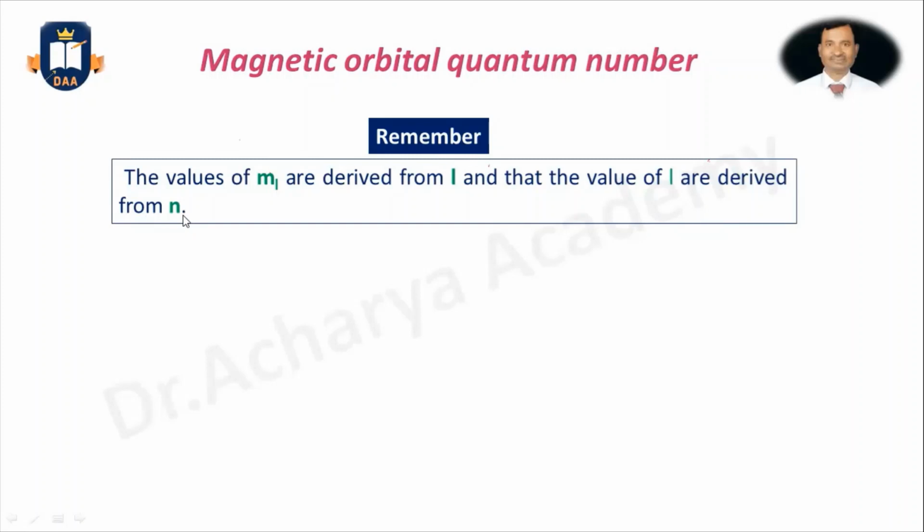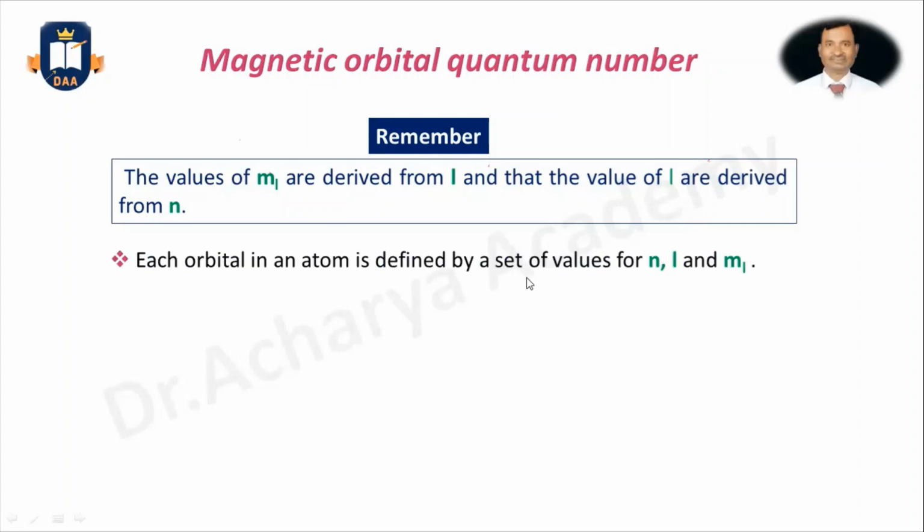The principal quantum number is defined by small letter n, and the azimuthal quantum number is defined by small letter l. You can understand this very clearly if you follow the previous classes number 32 and 33.